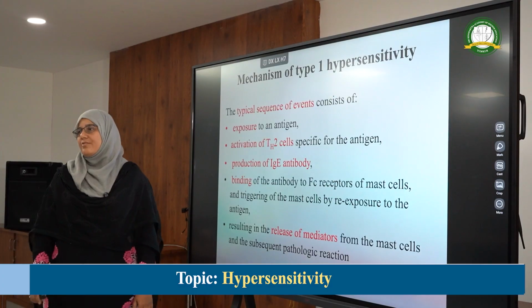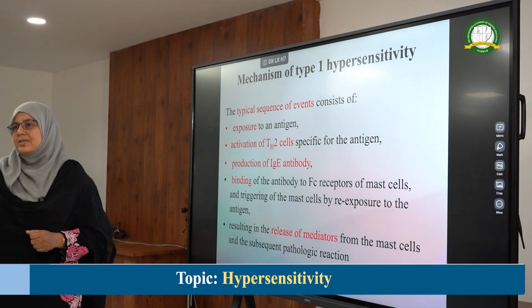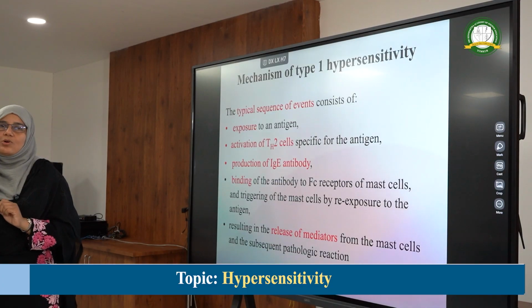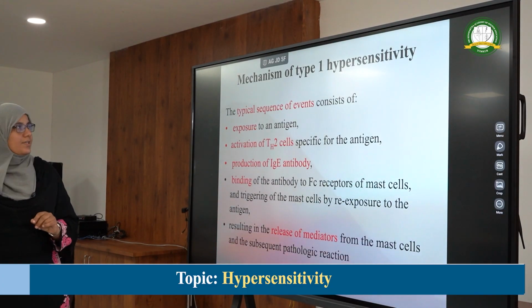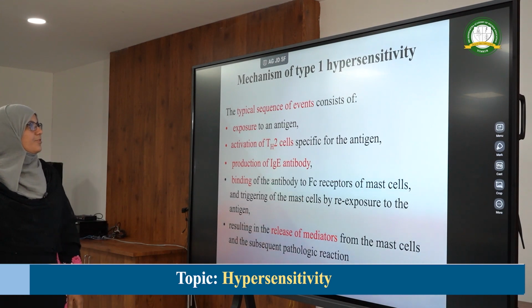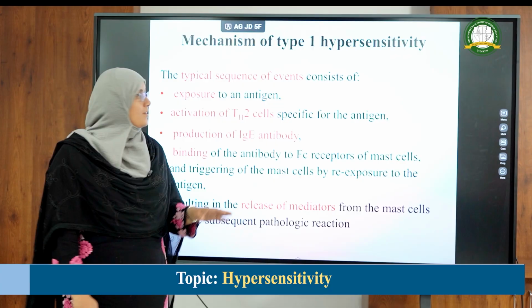So, the mechanism of type 1. After we have understood what exactly allergens are, what matters in an allergen to cause a reaction, and what the various mediators are, let's try to understand in detail the mechanism of type 1 hypersensitivity. There is a sequence of reactions happening.